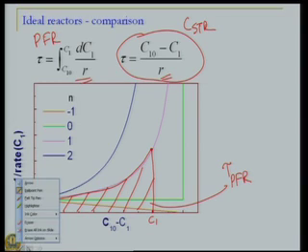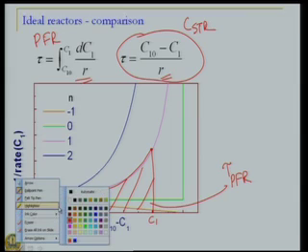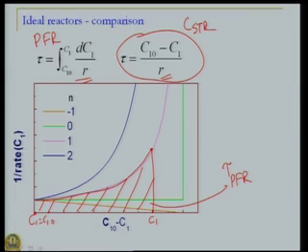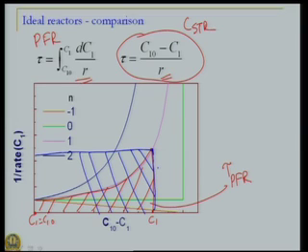So, for a stirred tank reactor, this particular value, which is 1 over r at C1 multiplied by C1 0 minus C1, the area of this rectangle, is now the residence time for the CSTR.